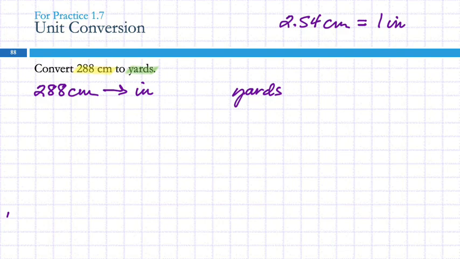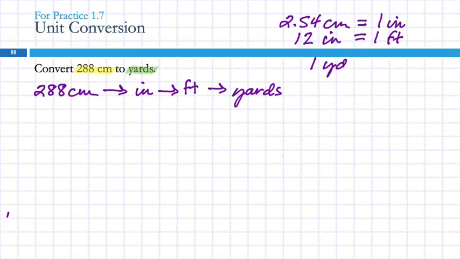Well, there's another unit in there, isn't there? What's the unit that's between inches and yards? Feet. So if I converted inches to feet, I'm hoping everyone knows this. 12 inches is equal to 1 foot. How many feet in a yard? 3.